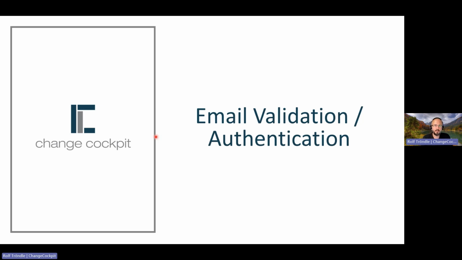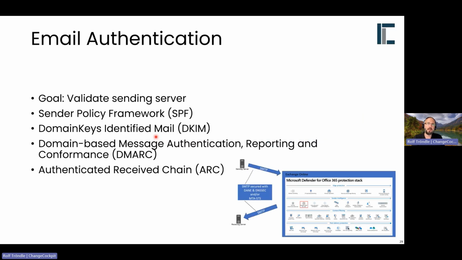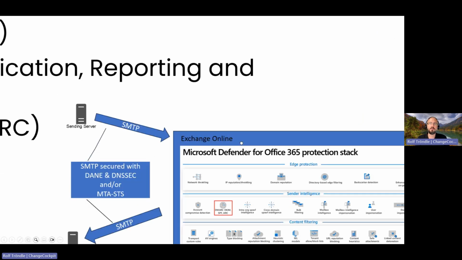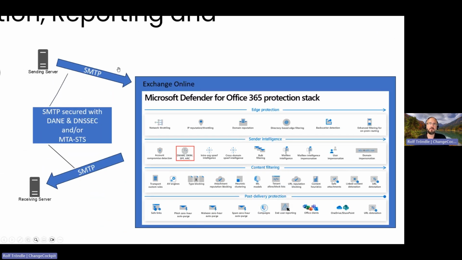Now the next part is about email authentication. Remember this picture from the start of the presentation. We have seen the left part, the SMTP transmission part from the sending server to Exchange Online and from Exchange Online to the receiving server.